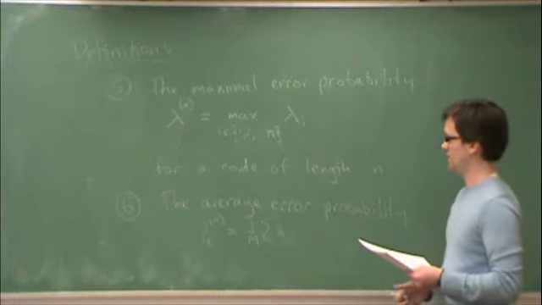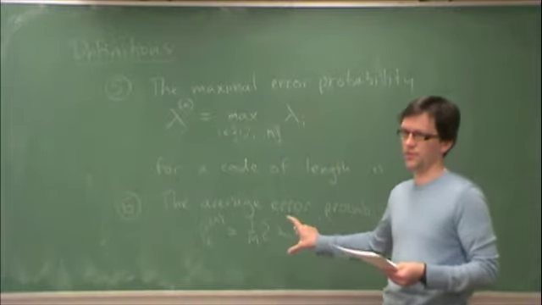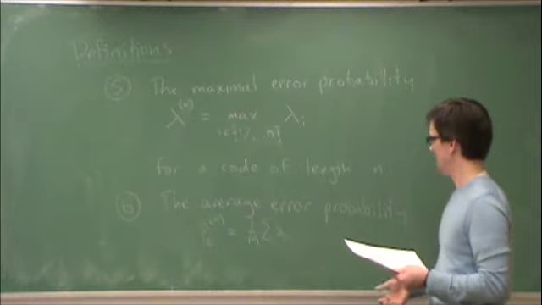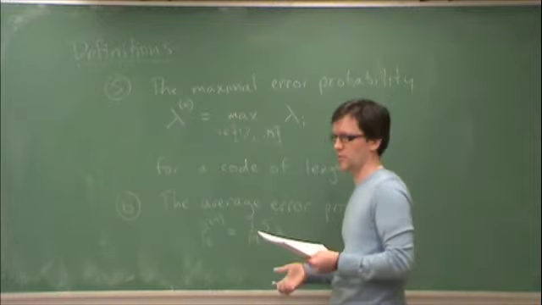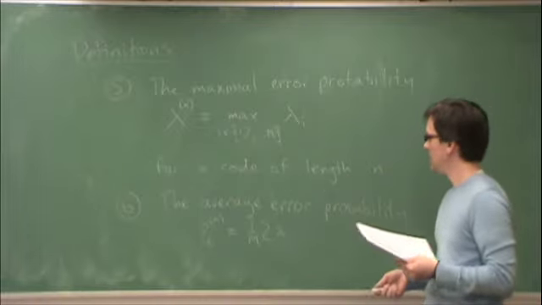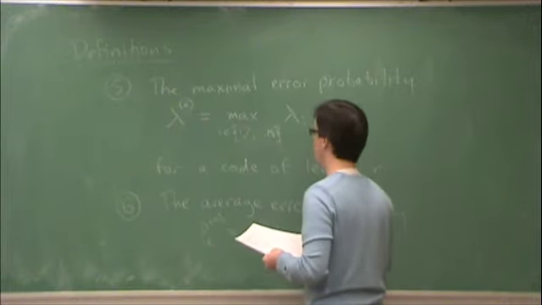From now on, we're going to assume that all the input messages are equally probable. So 1 over M is the probability of any particular message. So in fact, this is the expectation, although I've written it more like the arithmetic average, or almost the empirical average. And it should be obvious that the average is less than or equal to the maximum.